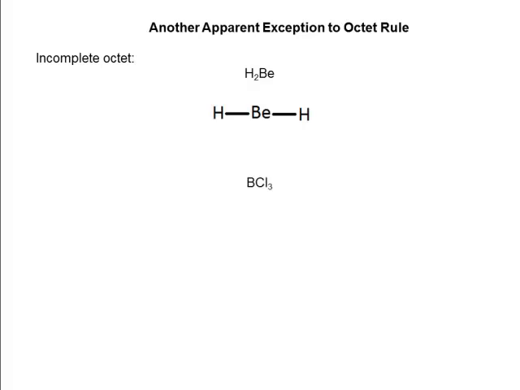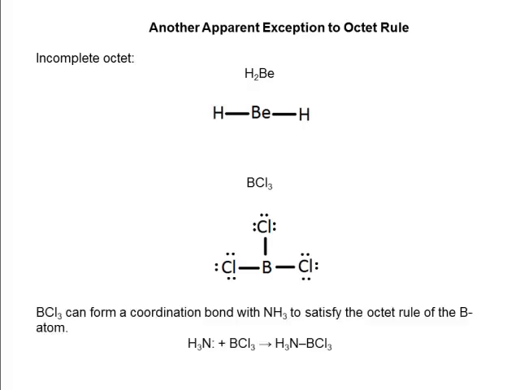Okay, I could look at BCl3. With BCl3, I have plenty of electrons, but I'm not going to form double bonds with one of those chlorines. If I form double bonds with one of those chlorines, it throws my formal charges off. Right now, everything has a formal charge of 0, so it's happy. Now, with BCl3, it's stable, but a lot of times it can combine or coordinate with other compounds to make up that deficiency.